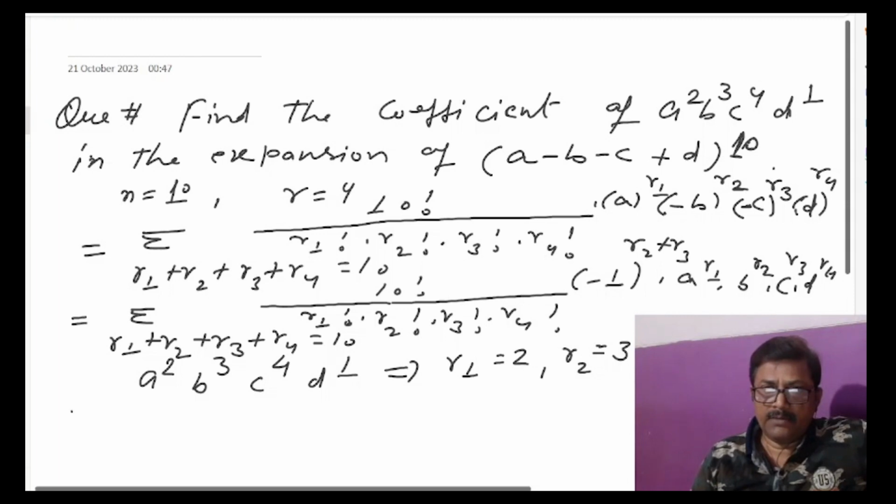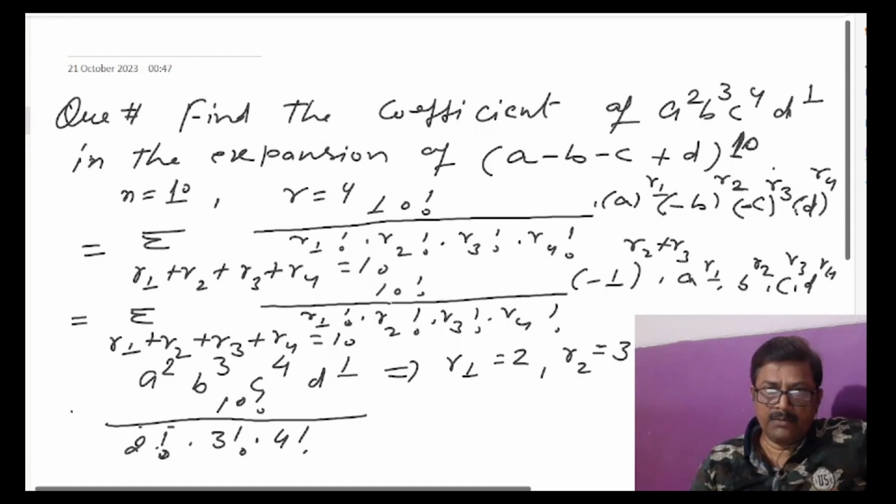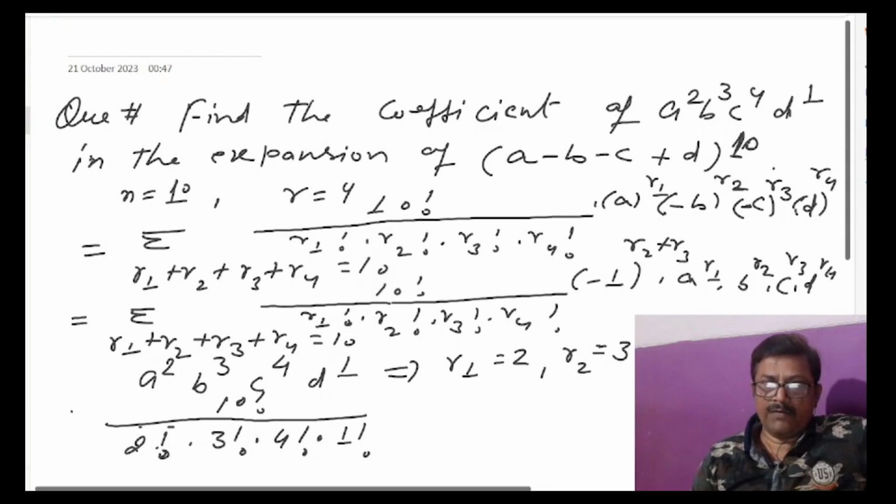So sigma, now no need of sigma, put the values: 10 factorial upon r1 factorial means 2 factorial, r2 factorial means 3 factorial, r3 factorial means 4 factorial, r4 factorial means 1 factorial, correct.